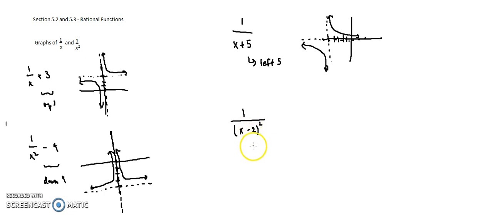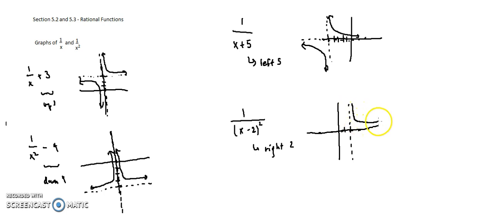Inside the function is left and right, and it's opposite what you'd expect, so this is going to take us to the right by 2. So we're going to move this asymptote to the right, like this and like this. And now we're going to fill in with the 1 over x squared picture. So we've got this piece here, and then mirror image, this piece here.